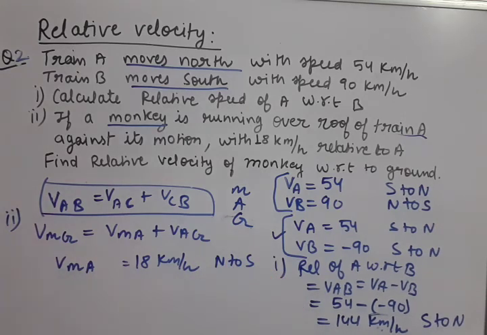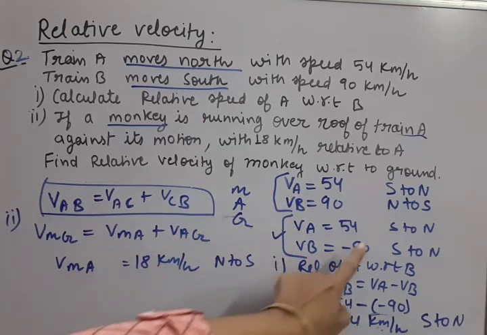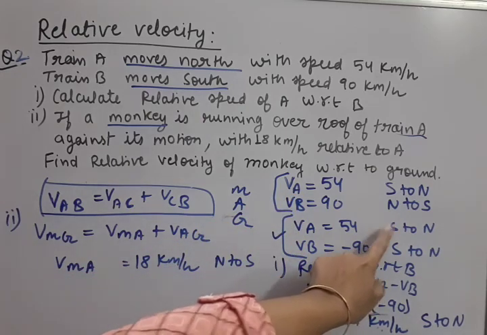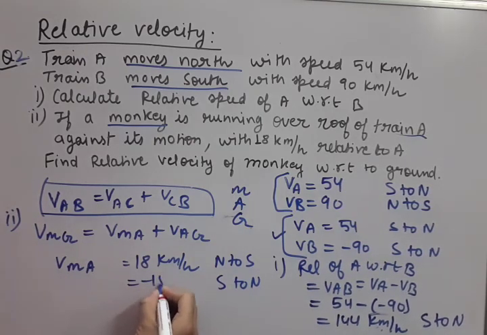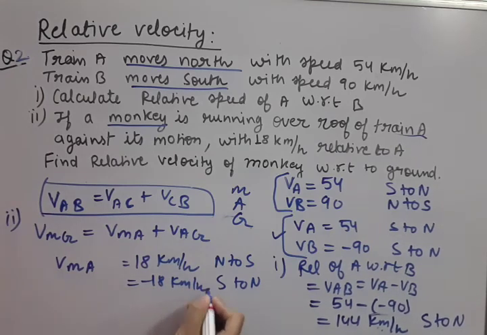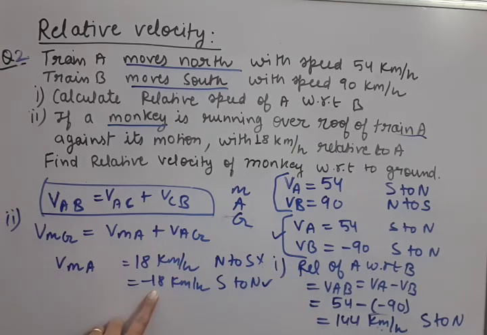But as I told you, we have to prepare all the data in any one direction. We have selected the south to north direction. So if VMA is 18 in the north to south direction, in the south to north direction its value will be minus 18, which is of our use. So our data is minus 18, which we have to put here.